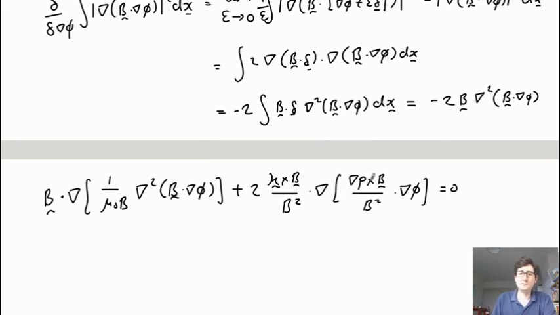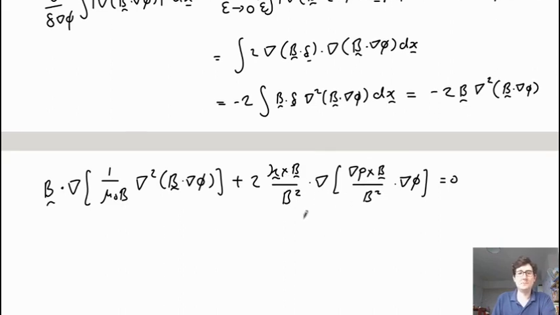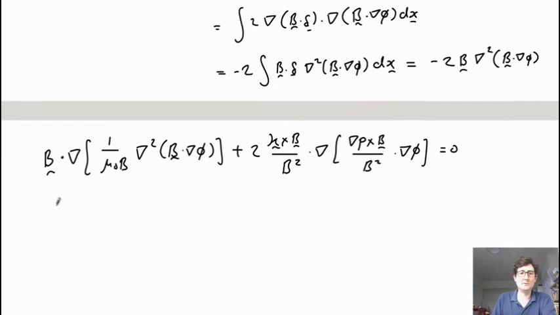This part takes a lot of manipulation to get this form, but it's relatively straightforward. This gives us an equation with a single scalar field phi. If we solve this equation, then we can work out the envelope for a ballooning mode, and this equation can be manipulated and simplified further and used to calculate the stability of a plasma.